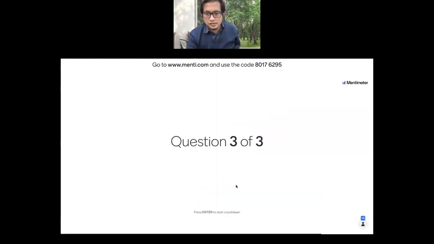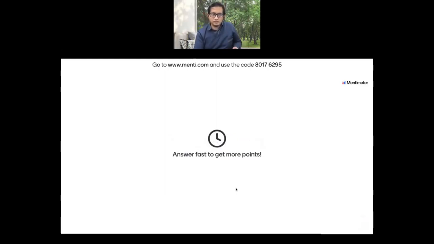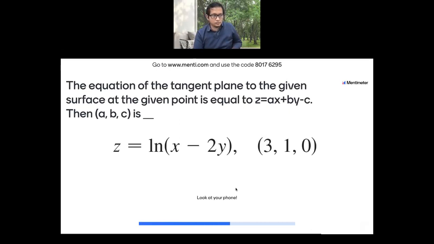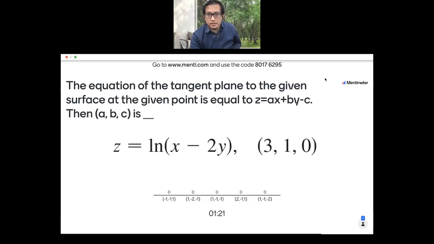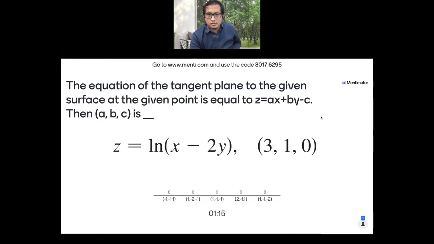Okay, last question. Get ready, 3, 2, 1. So you need to find the tangent plane, especially you need to make it into z equal ax plus by minus c, and you need to define the answer.